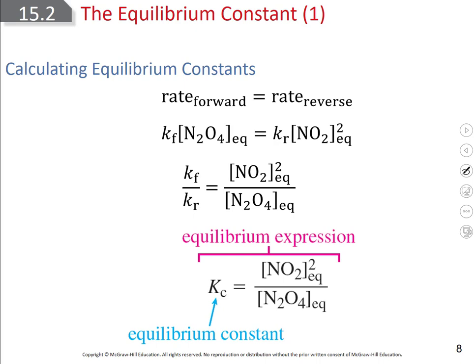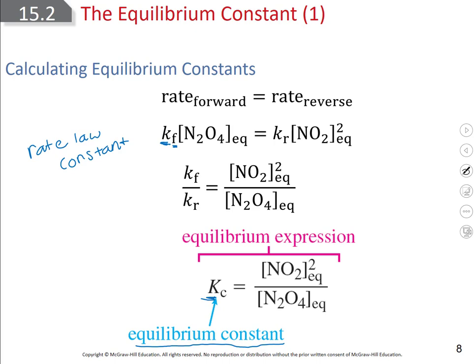So, while the lowercase k is your rate law constant, now we're going to have an uppercase K that is your equilibrium constant. Again, we said at equilibrium, the rate of your forward reaction is equal to the rate of your reverse reaction. Looking back at the reaction we had in the first section, the subscript f stands for forward.